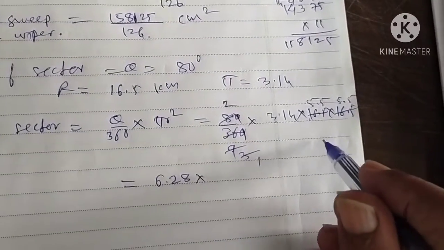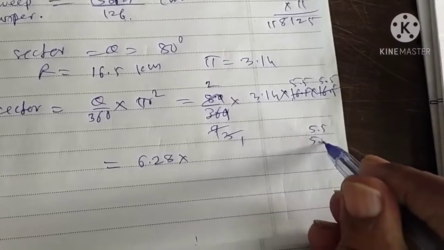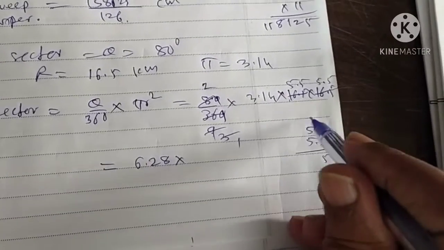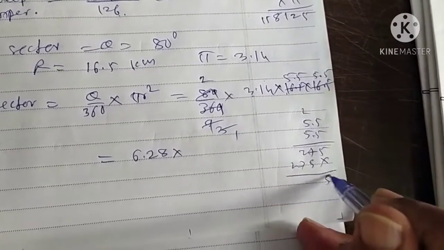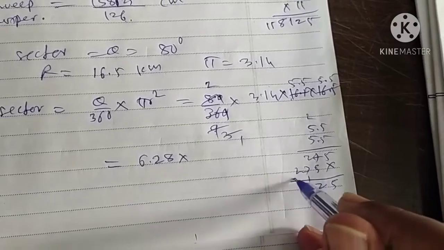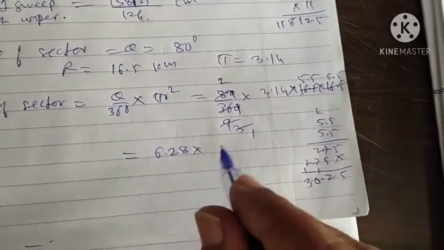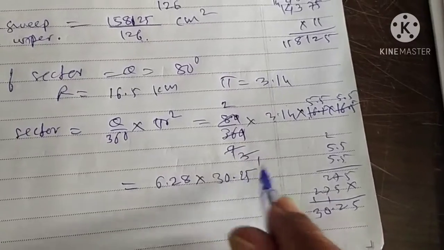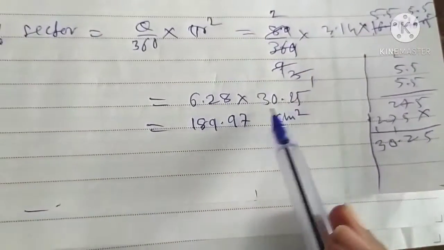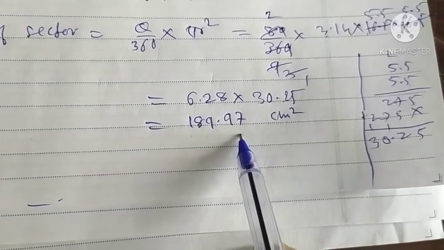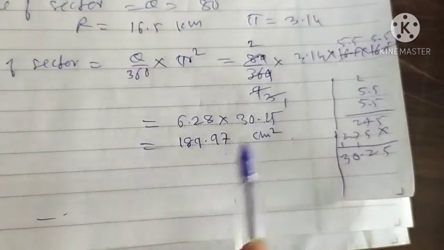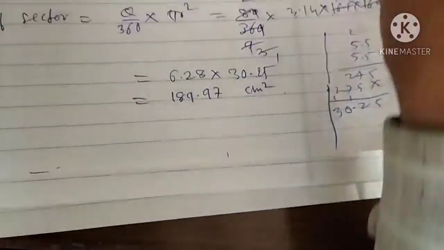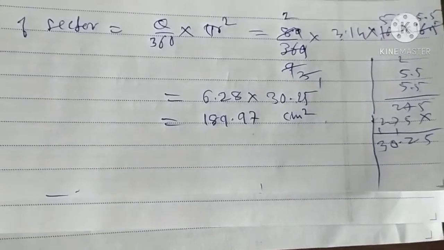Yes, 5.5, 5.5, multiplied by 30.25. Now multiply this. You will get 189.97 square centimeter. Okay? Very good. See, children, please see the video properly. Understand. Important part of all these examples is multiplication, okay, and decimal points. Be careful. Right.